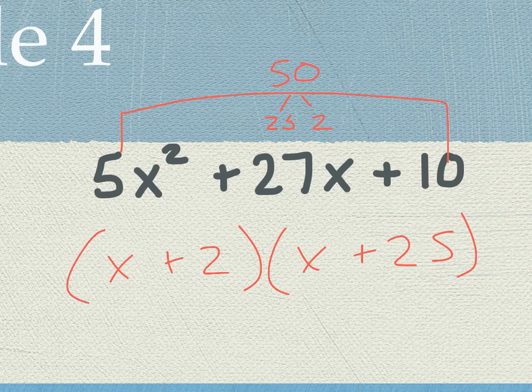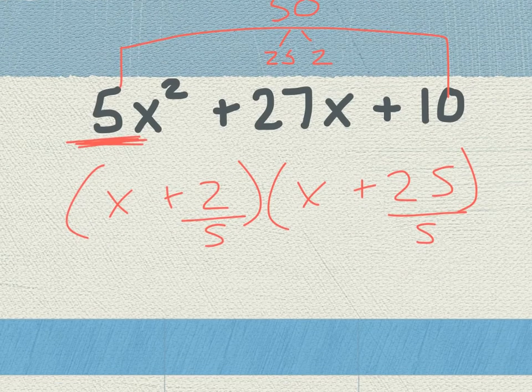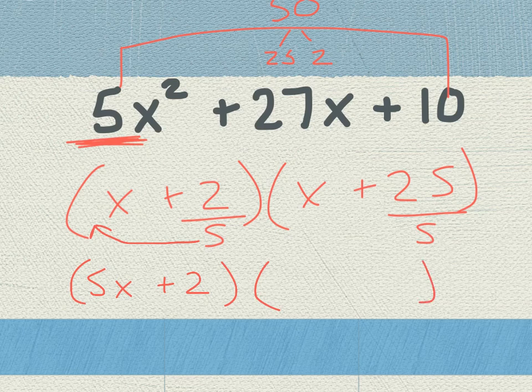Gabby, what do we do next? We divide by 5. We divide by this number out in the front. So we divide both of these by 5. Does 5 go into 2? Can we simplify the first one? No, so we bring the 5 to the front. So we have 5x plus 2. And what do we do with the second part?